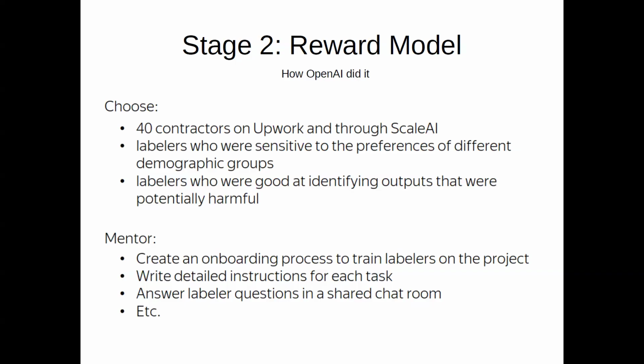Well, actually, there was a long HR process to select these people, because these people actually influenced the large language model infrastructure more than all the other people in the world, because their rankings were used to train the reward model. So yeah, I don't think they were paid a low salary.